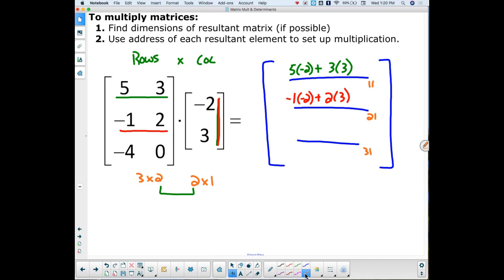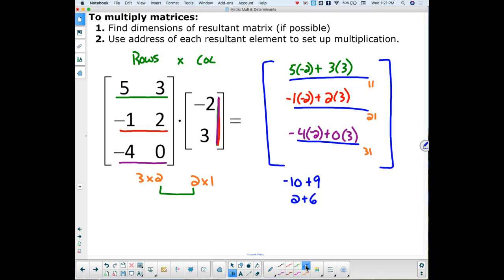Row 3, column 1. So I'm going to take the third row times the first column. 5 times negative 2 is negative 10. 3 times 3 is 9. Negative 1 times negative 2 is 2. 2 times 3 is 6.